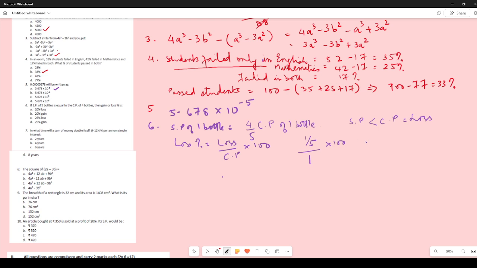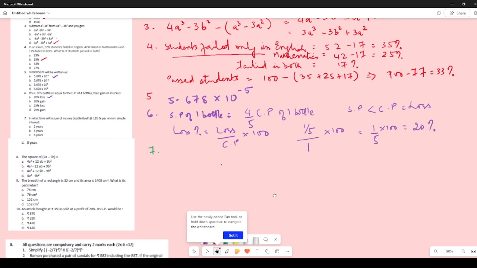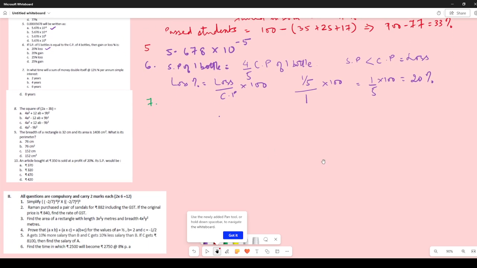So it becomes 1 by 5 into 100, that is equal to 20%. So the loss is 20%. Got that? Now let us move to the next question. Question number 7. Let me shift this up a little bit so that we can see the questions clearly.